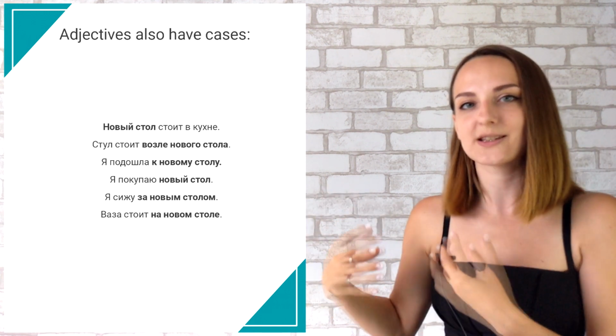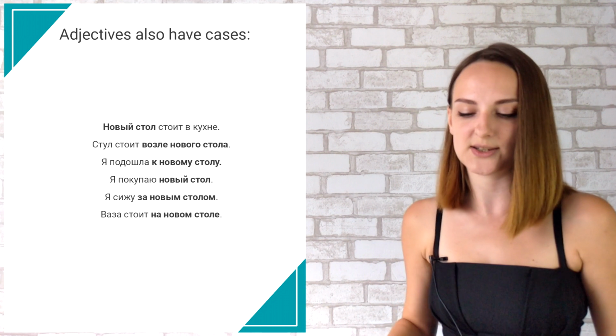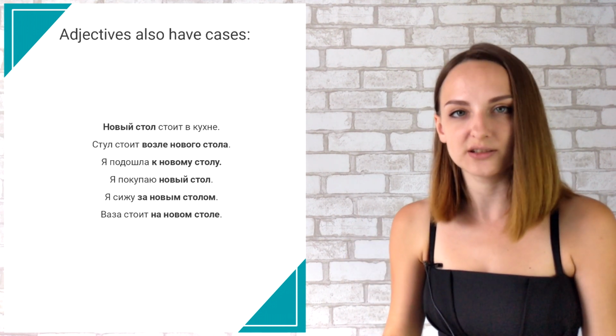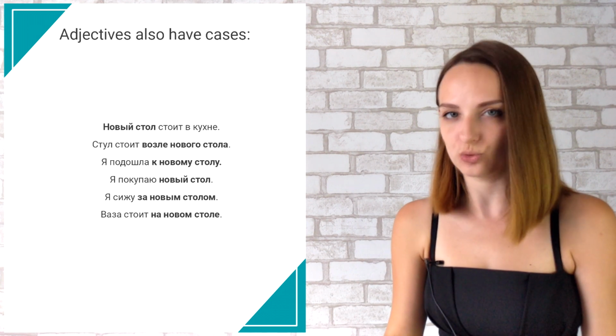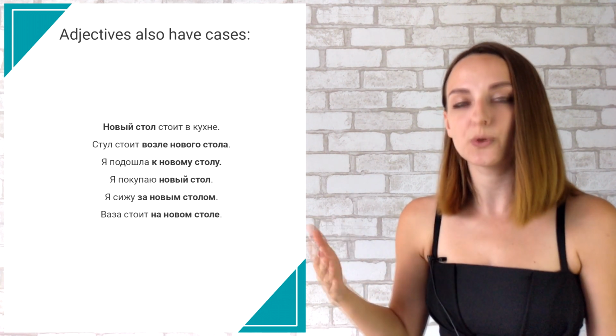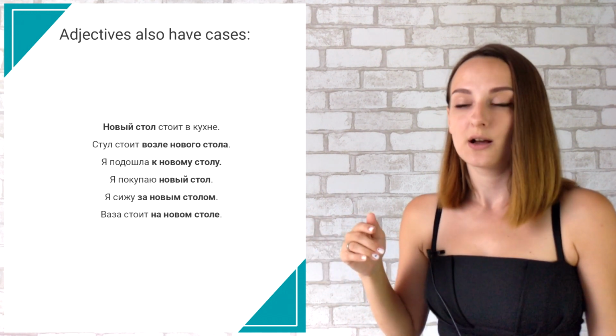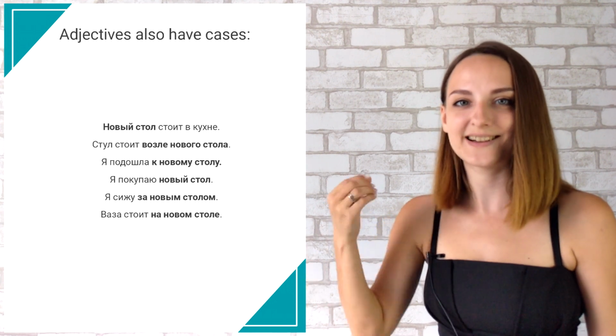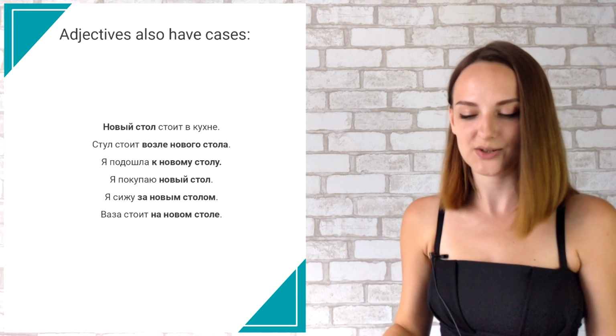So, нового стола is used in the genitive case. The next one. Я подошла к новому столу. After the preposition к, we use the dative case, so I approached the new table, к новому столу, dative case.